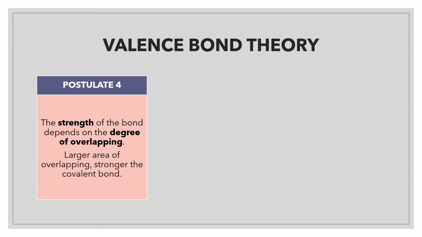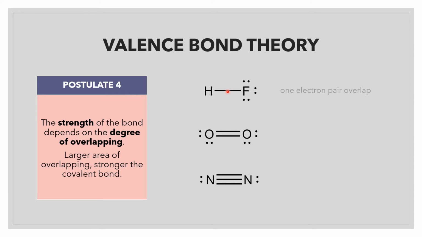The strength of the bond depends on the degree of overlapping. The larger the area of overlapping, stronger the covalent bond. So as the example, kita ada HF that has one electron pair overlap to form single bond. Oxygen molecule has 2 electron pairs overlap forming this double bond, and nitrogen has 3 electron pairs overlap to form this triple bond.